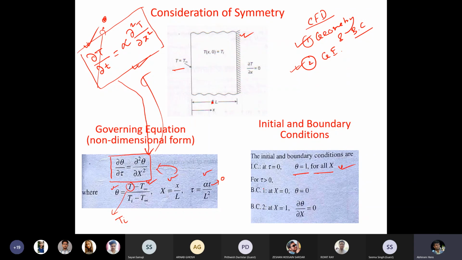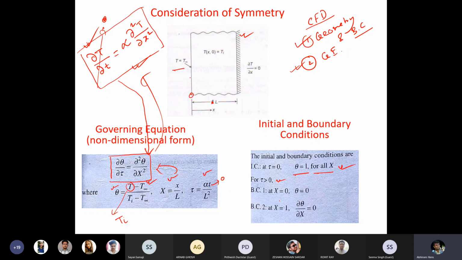And for tau greater than 0, the first boundary condition is at x equal to 0. x equal to 0 means the left hand side, because x equal to 0 by L will be 0. So at capital X equal to 0, theta equal to 0, because at that point the temperature is T infinity, so T infinity minus T infinity will be 0.